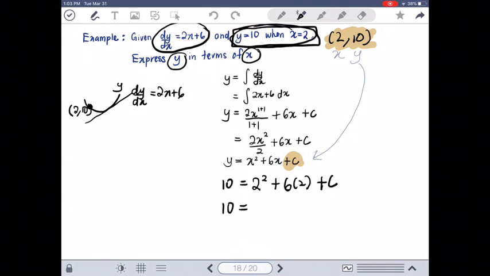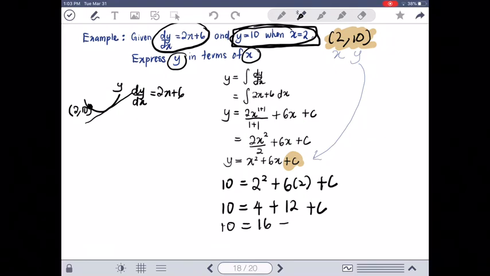So 10 equals 4 plus 6 times 2, which is 12, plus c, which means that 10 equals 16 plus c. c equals 10 minus 16, which is just equal to negative 6.